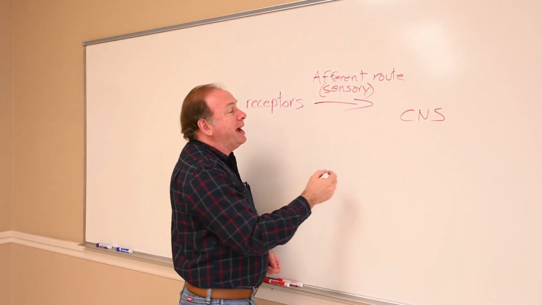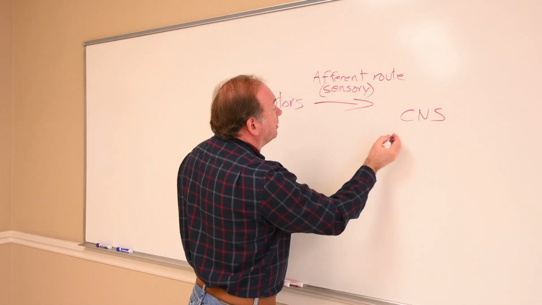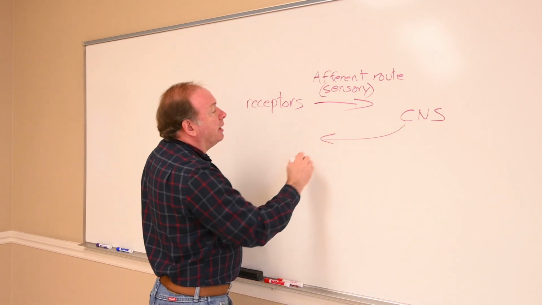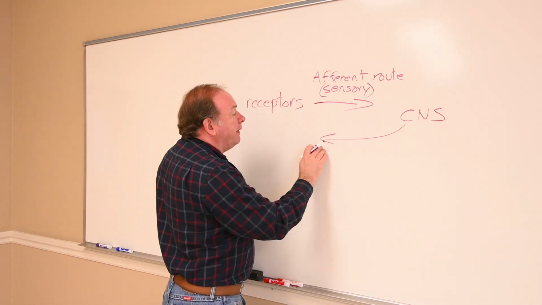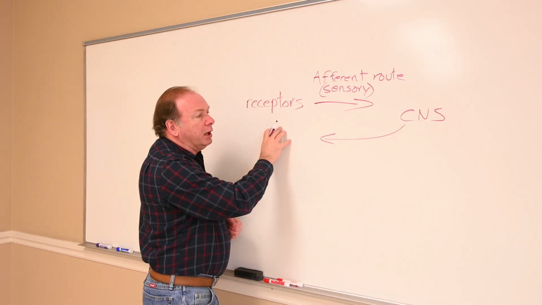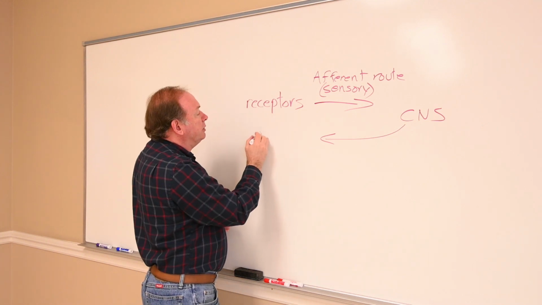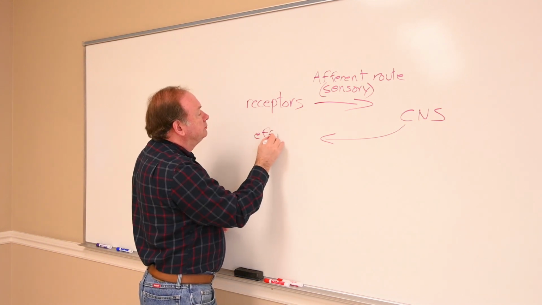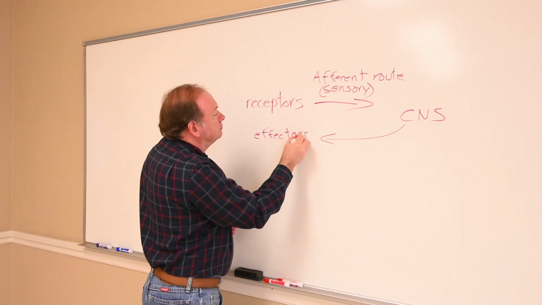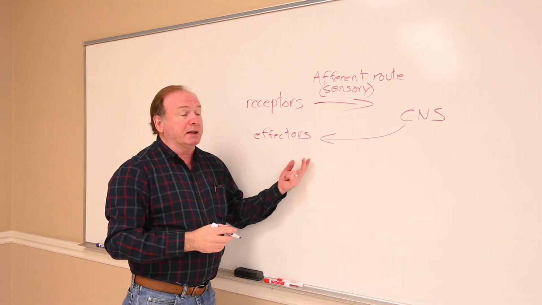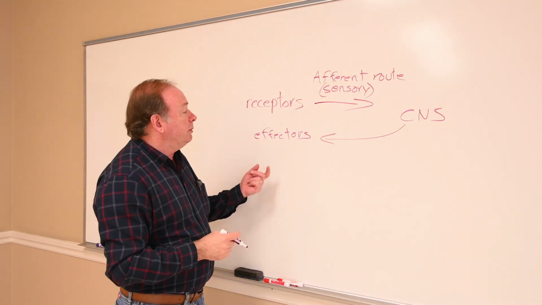Now the pathway back away from the central nervous system, carrying the message back the other way, is going to go to parts of the body we call effectors. They bring about the effects of the central nervous system.